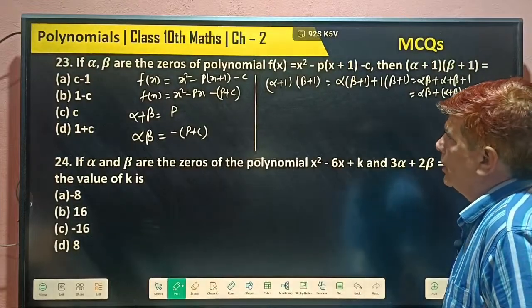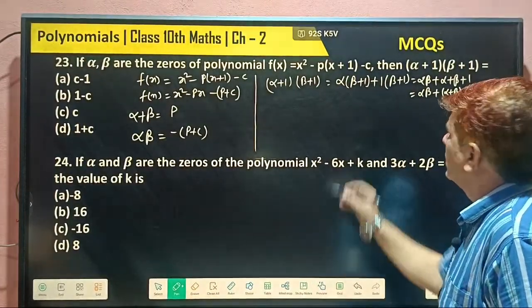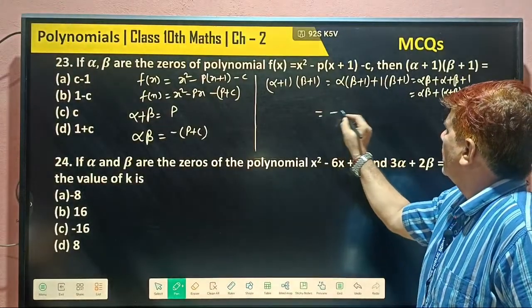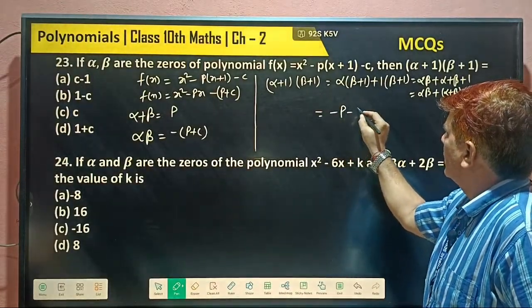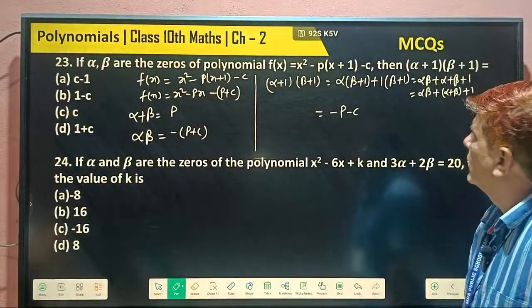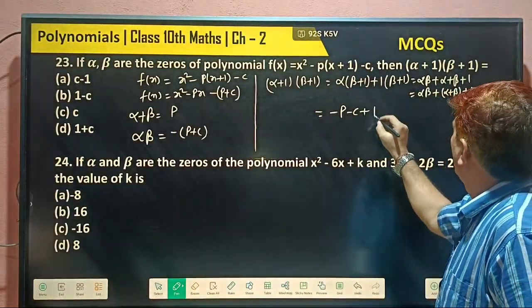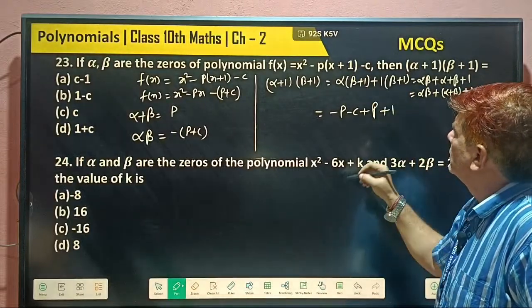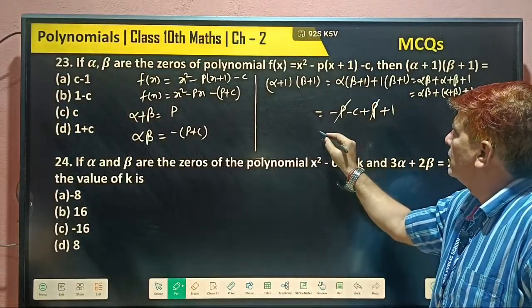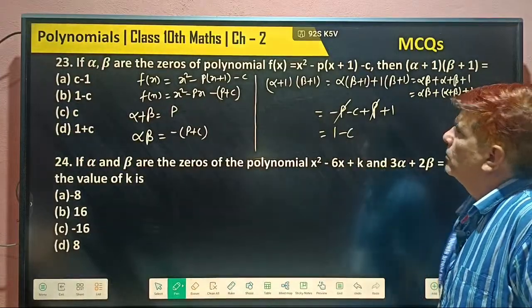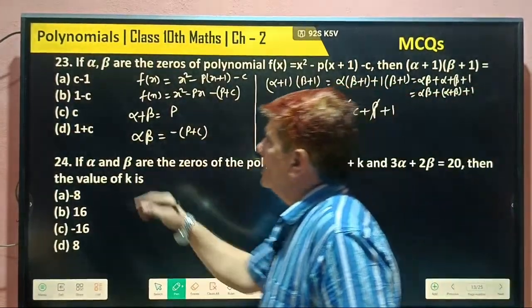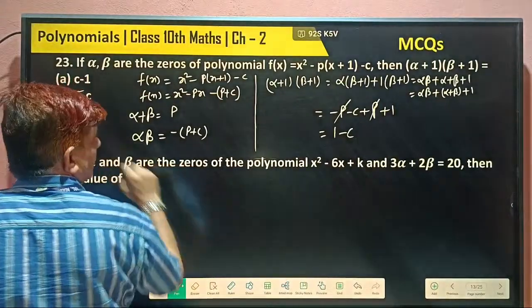So put the value of alpha beta, which is equal to minus p minus c, understood? Plus alpha plus beta, which is p, plus 1. So what's this? Cancel this. So 1 minus c is your answer. B is your answer.